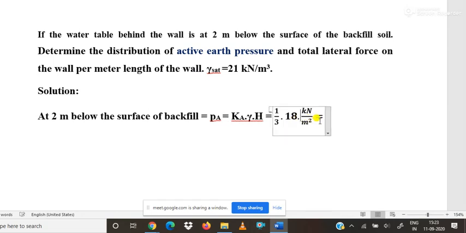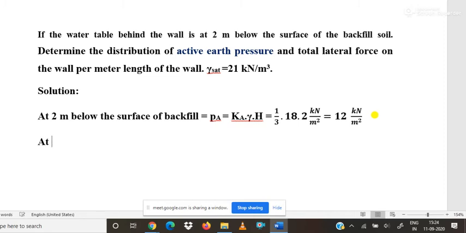Only the height will be different, that is 2 meter, and this will be 12 kilonewton per meter square. This is the first part of this problem, that is from the top of the retaining wall to the 2 meter depth of the backfill surface.